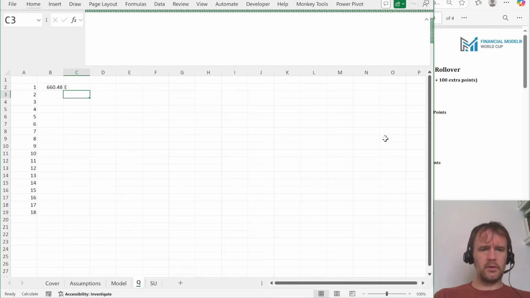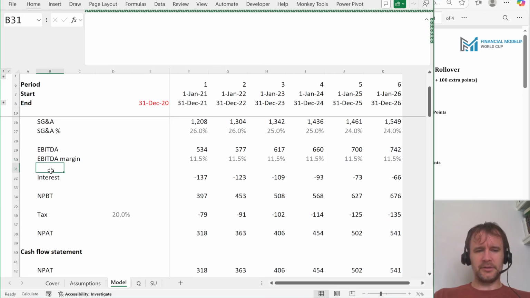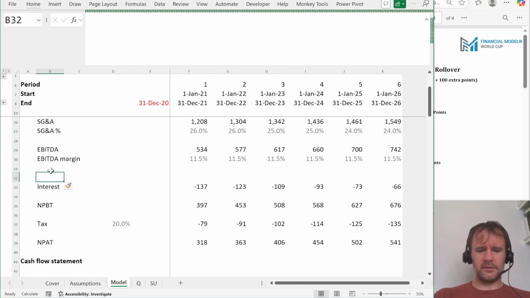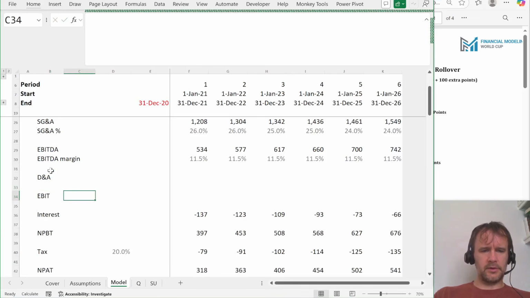Yes. Okay, EBIT in 2023. Oh, right, yes. Because I don't have depreciation and amortization in here. So D&A. And I guess that does mean I need to introduce another line for EBIT, because it wants to know about that.